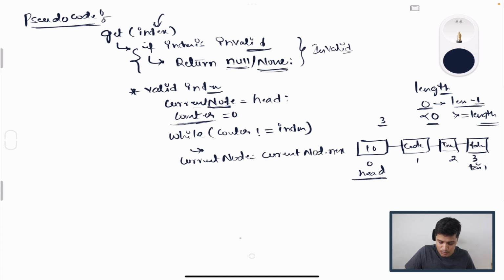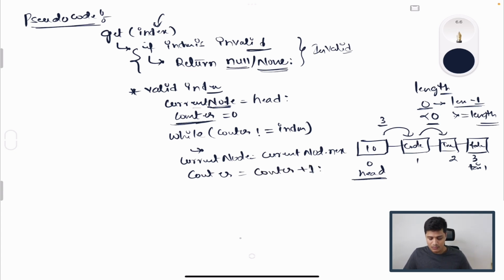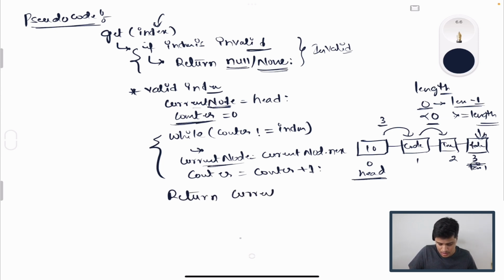In that way we are simply moving on to the next nodes, and since we are moving on to the next node, the counter should be incremented by 1. So counter should be counter plus 1. Once we go to the index that is given by the user, right, the current node variable we are using will have the reference of the node that is available at that particular index. So we will simply break out of this loop. In the end we will simply return the current node.